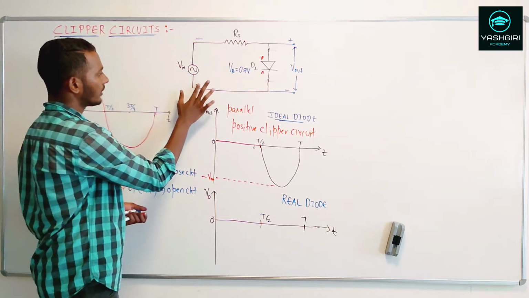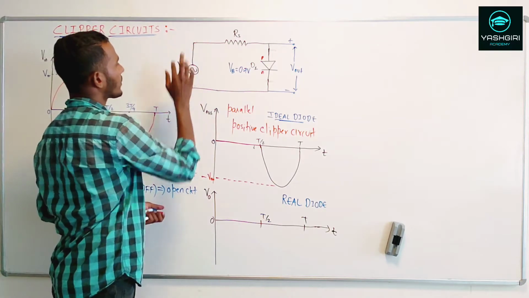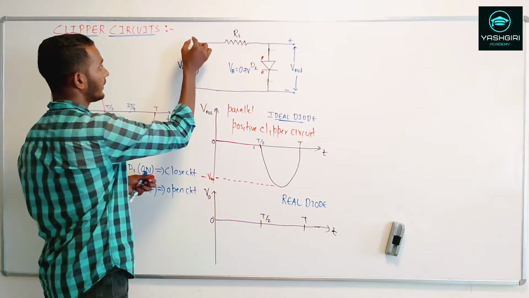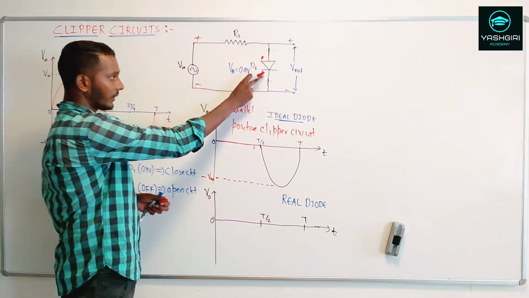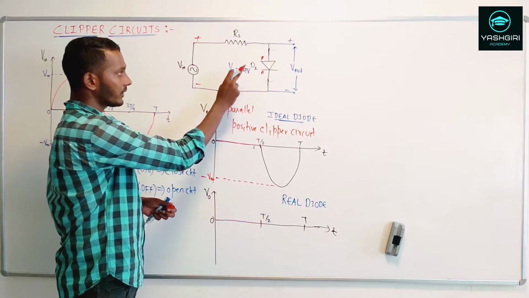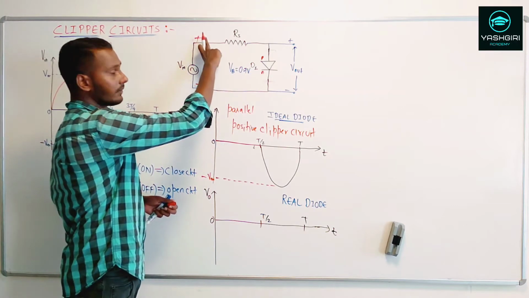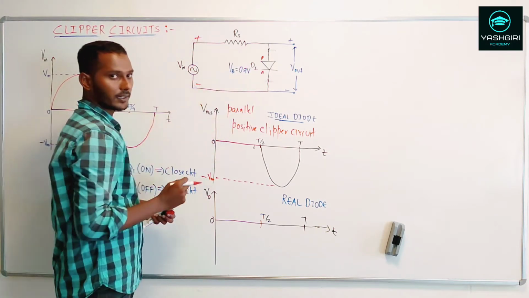Now if you go back to the first positive half cycle, the polarity here is plus and minus. Now if I want to make this diode forward biased, you see that you are giving the V in greater than this 0.7 volt.